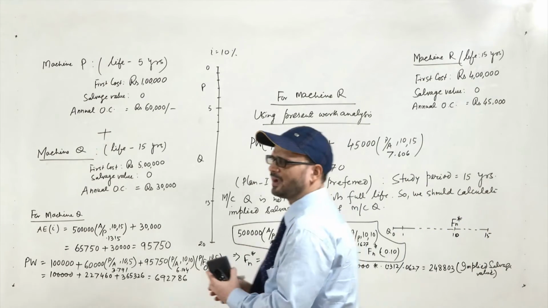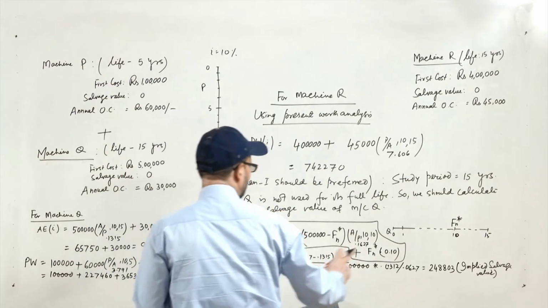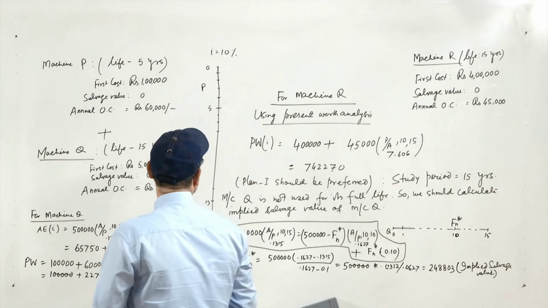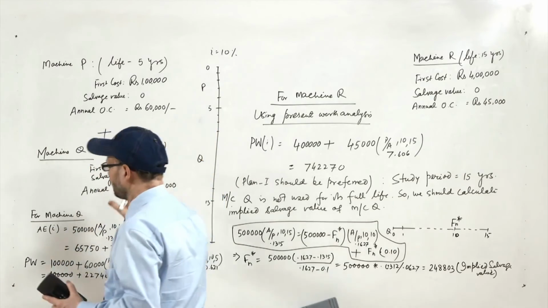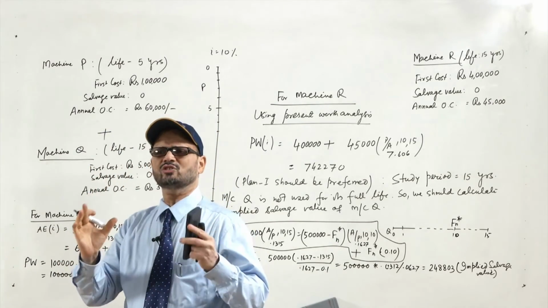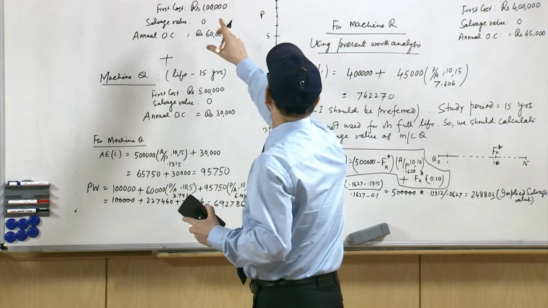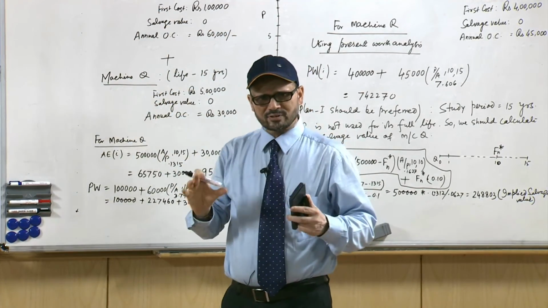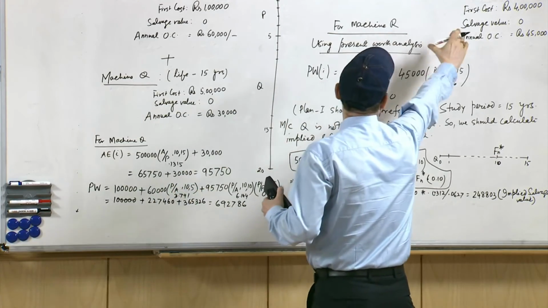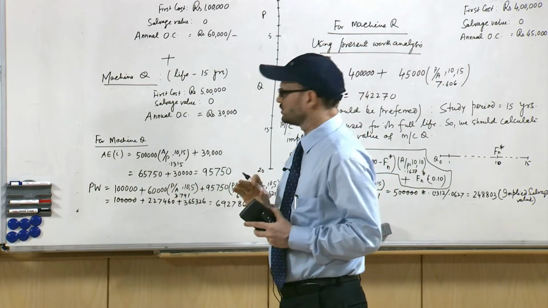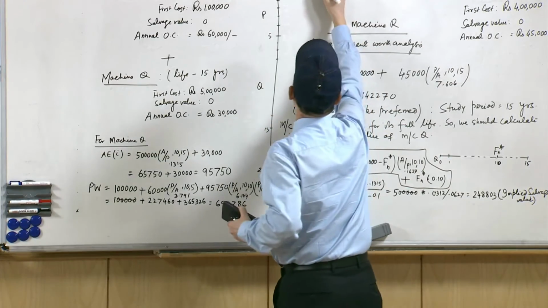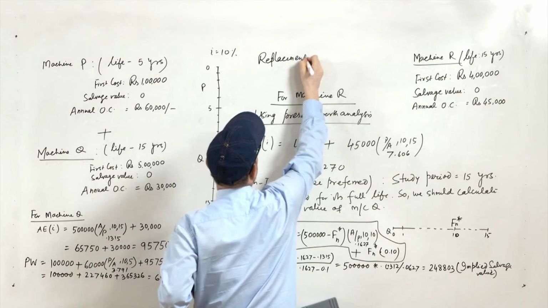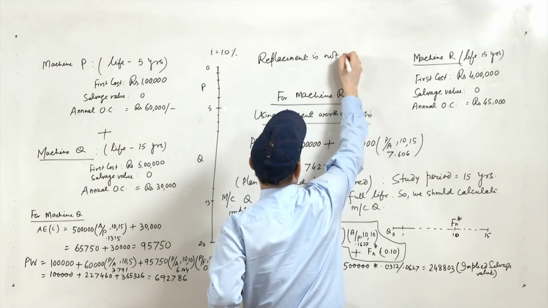Although it does not affect the decision making, you can say that plan 1 should be preferred. Under plan 1, where we have taken the 15 years of study period, machine P plus Q should be kept and machine R should not be considered. So, replacement is not suggested.